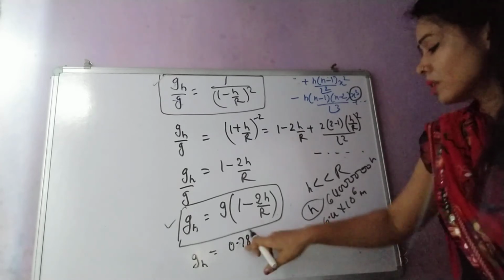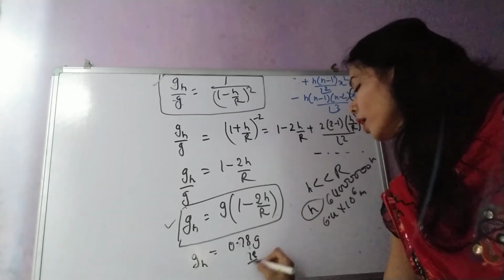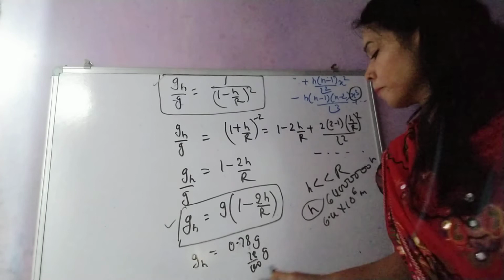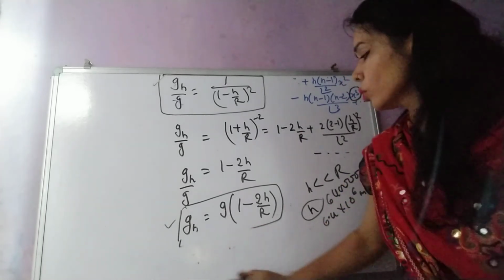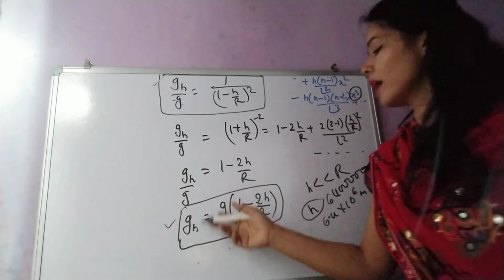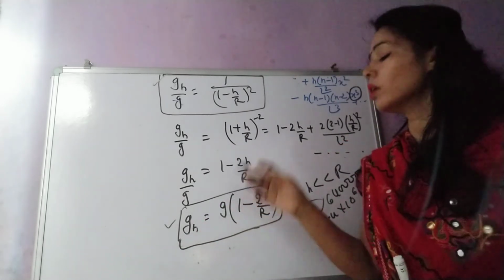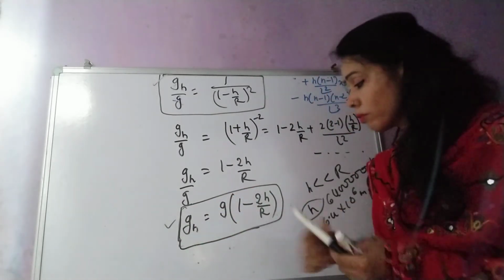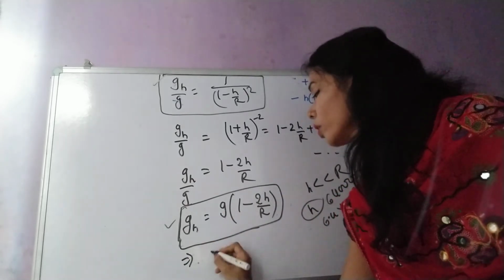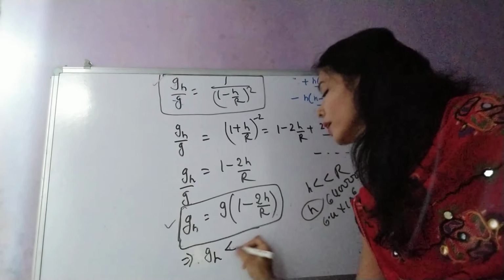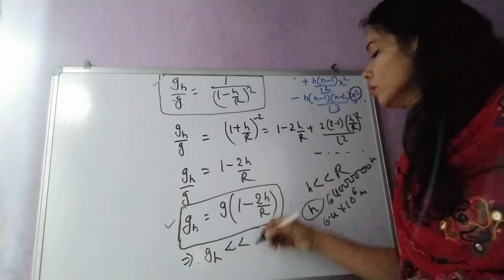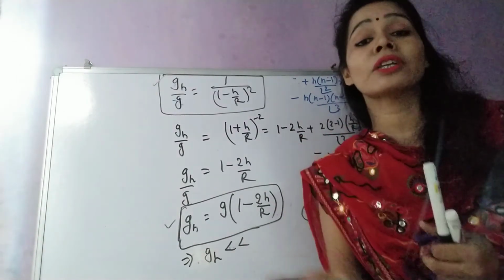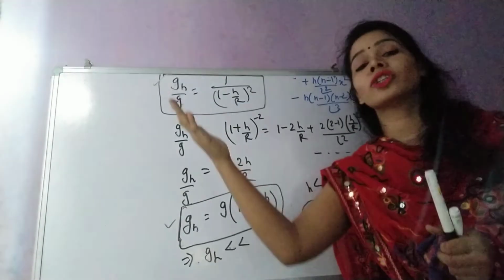Means it is not g, it is less than g. It is 78 upon 100 g. So you can conclude from this formula that gravitational acceleration decreases when we move from the Earth's surface to a certain height. That's why our acceleration due to gravity decreases at height h.